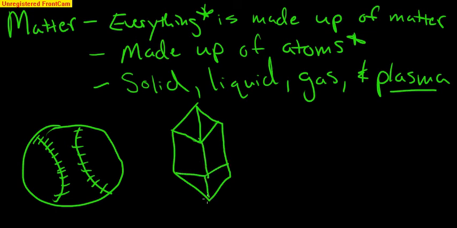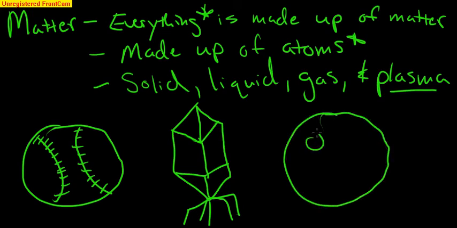It doesn't matter which one, just a virus. And then what could I draw over here? I'll just draw a human being, or just a smiley face. All right, so these three things: a baseball, a virus, and human beings.